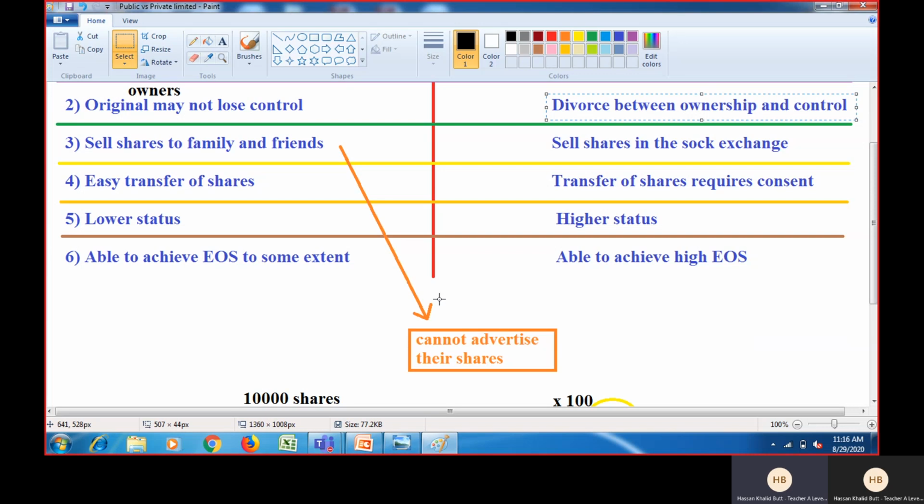Because a private limited company cannot list its shares in the stock exchange, it's not visible to everybody. And secondly, because they cannot advertise their shares, again there's a problem. The people outside your family and friends cannot come to know about it. So that is why you sell your shares to your family and friends, or through them to other people. That is the only reason that you cannot straight away sell to the general public, right?